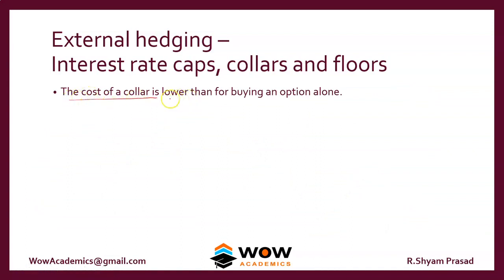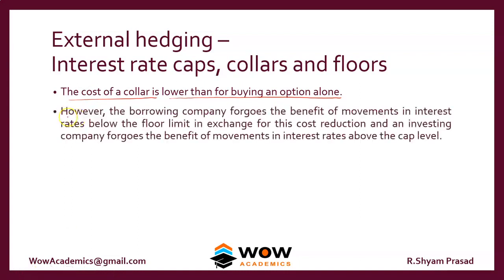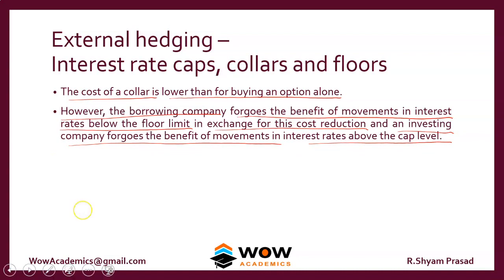So the cost of a collar is lower than buying an option alone. However, the borrowing company forgoes the benefit of movements in interest rates below the floor limit in exchange for this cost reduction, and an investing company forgoes the benefit of movements in interest rates above the cap level. That is the drawback of an interest rate collar. Our overall premium is lower because we are also going to receive a premium.